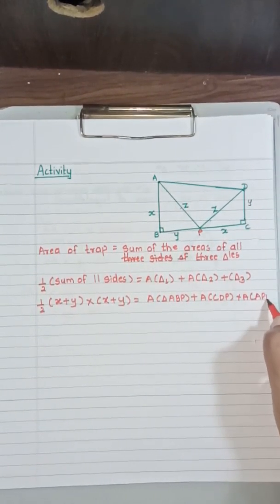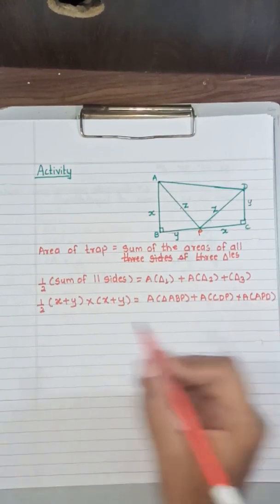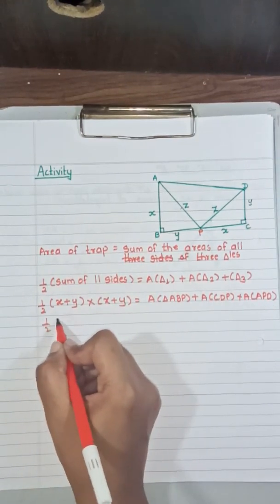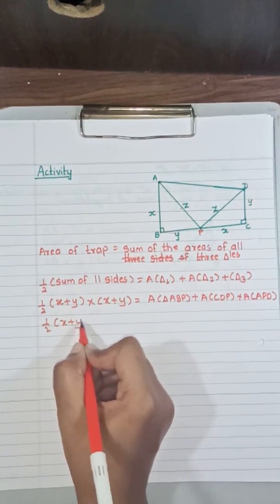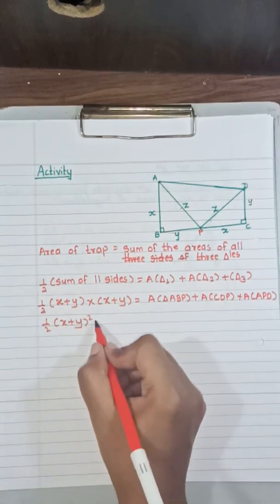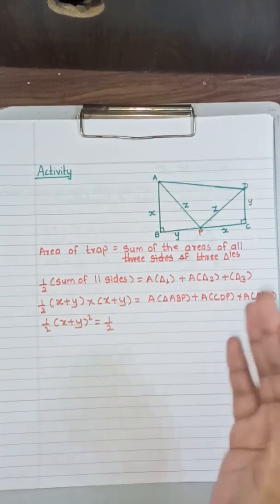So half into (x plus y) squared is equal to the sum of these areas.